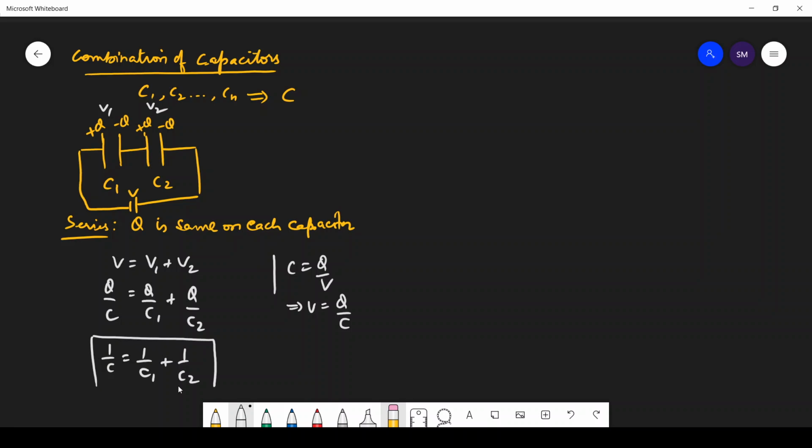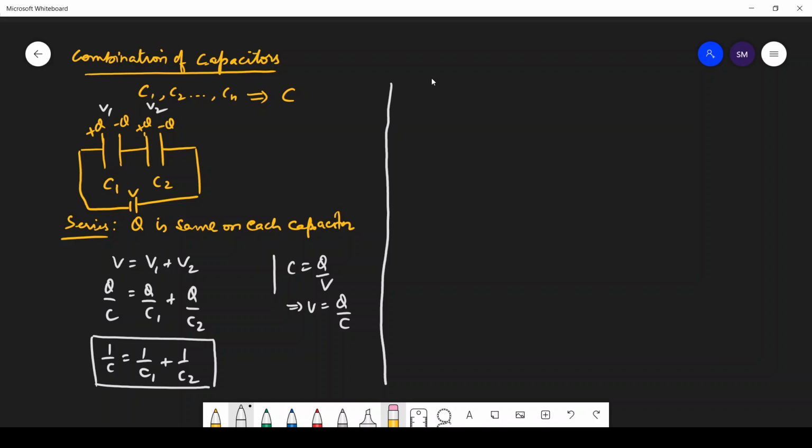So that's the formula we have for series, that the net capacitance of the capacitors will be 1 by C is equal to 1 by C1 plus 1 by C2. If we add n capacitors, then it will keep on adding 1 by C3 up to 1 by Cn.